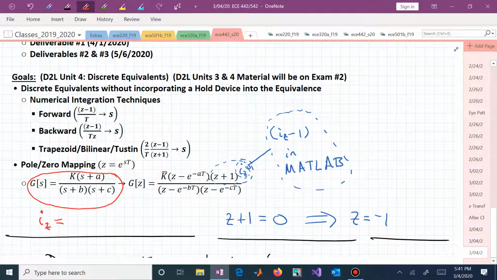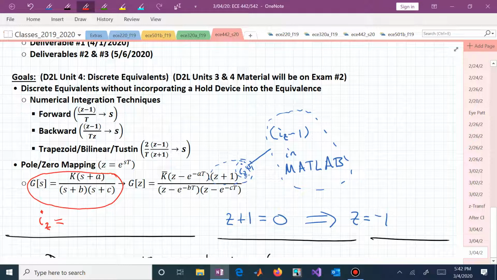As s gets large, do you see that G of s really looks like s over s squared? Or if we divide out the s's, it really looks like 1 over s. How many s's do we have in the denominator of that eventual simplified expression as s goes to infinity? 1 over s. How many s's in the denominator? 1. So we have 1 zero at infinity in that G of s.